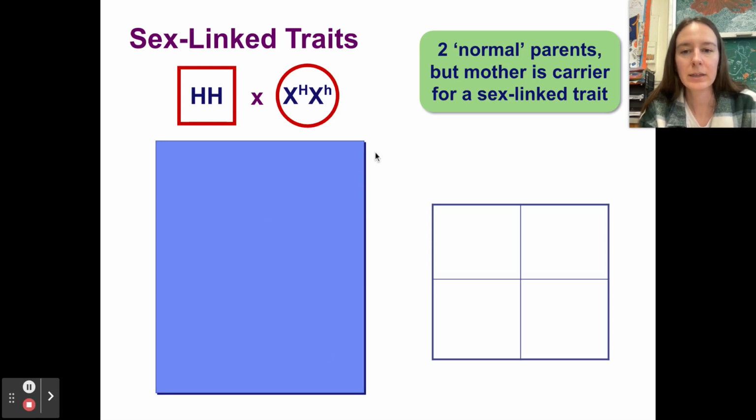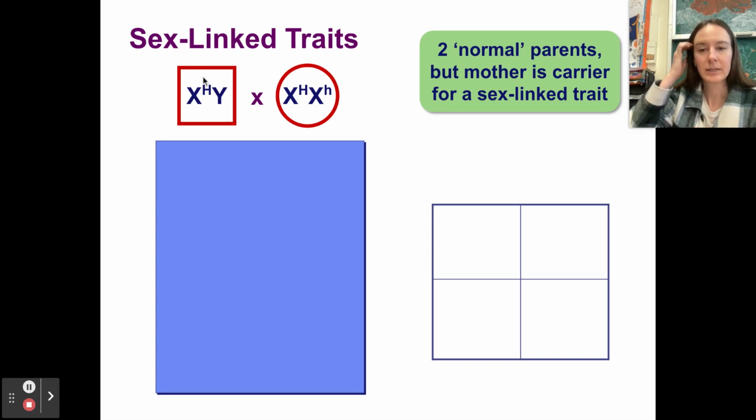But when we write the alleles, we're going to write X because she has two X chromosomes, capital H and lowercase h. And then the dad actually just has one allele for this because it's sex-linked. It's only found on the X chromosome. This gene is not found on the Y chromosome. And so this father is normal because he has the working copy of this gene. But the mom is also normal because she's heterozygous. She has one working copy, so she's good.